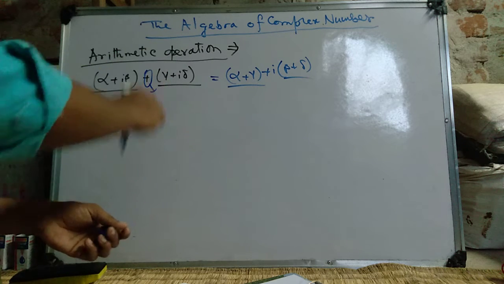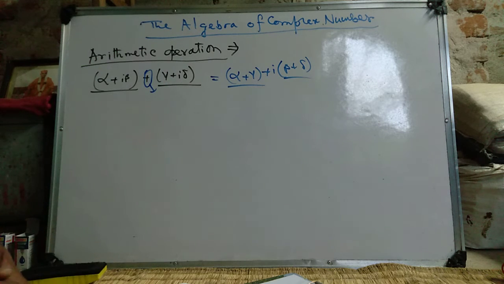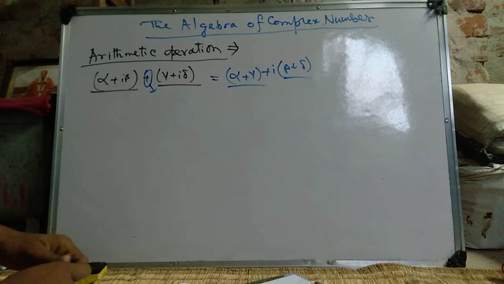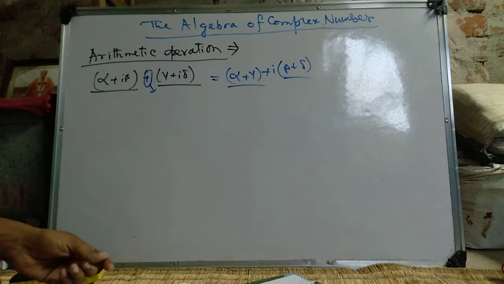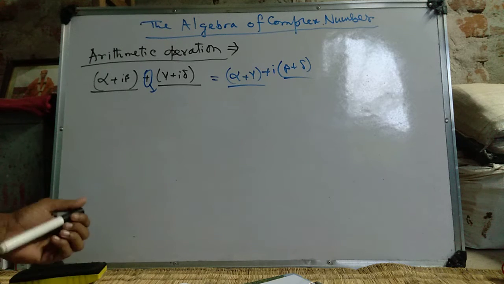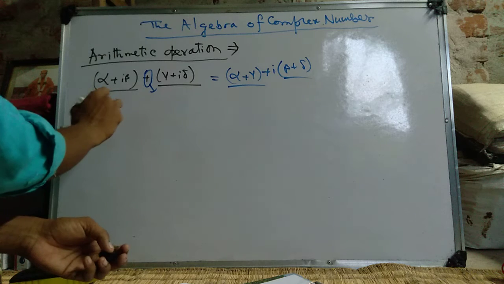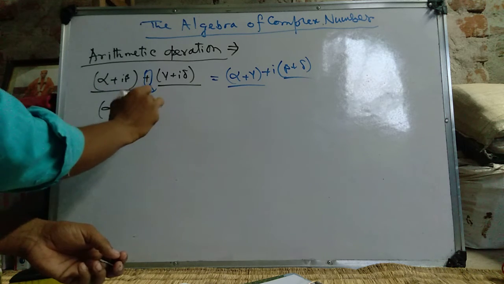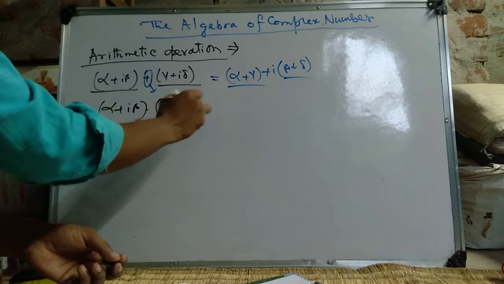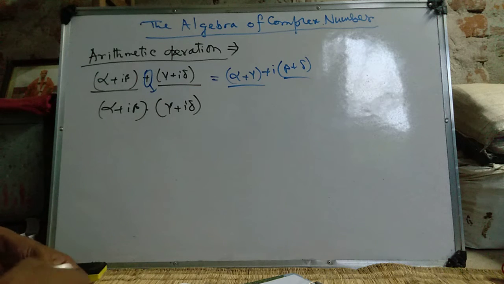We always call it sum or addition, but the mathematical term is additive operator. Next, alpha plus i beta multiplied by gamma plus i delta. This is the multiplication operator.